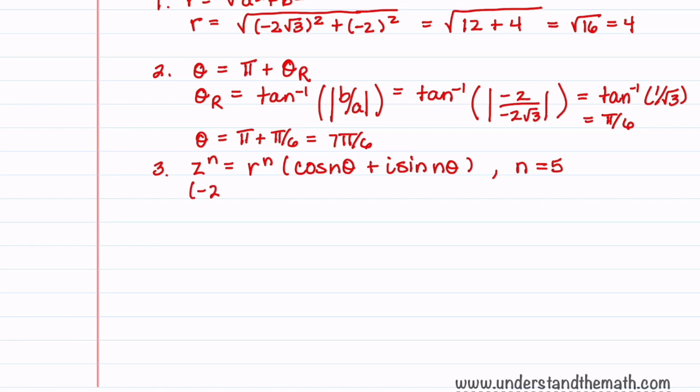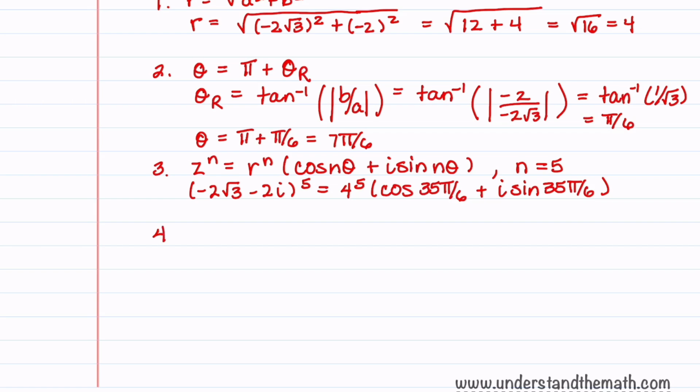This gives us minus 2 root 3 minus 2i raised to the 5th is equal to r, which is 4. So we have 4 to the 5th times cosine. Our n is 5. Our theta is 7 pi over 6. So 5 times 7 is 35. So we have 35 pi over 6 plus i sine 35 pi over 6.